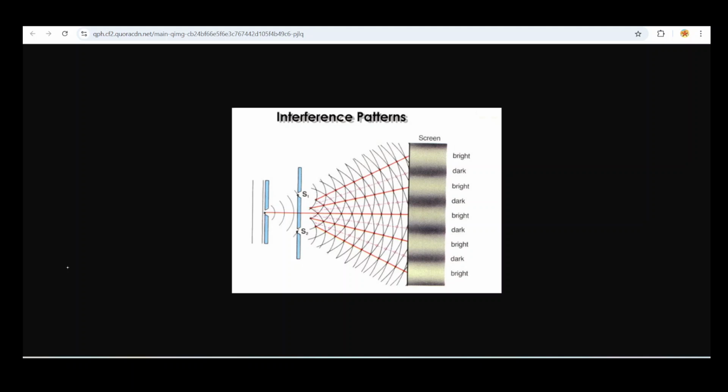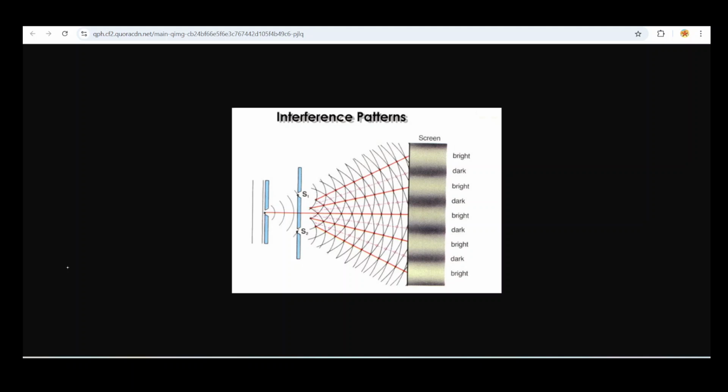And it so happens that you get a straight line, basically a locus of in phase interfering waves and a locus of out of phase interfering waves, and corresponding to the former you get a bright band, and to the latter you get a dark band.